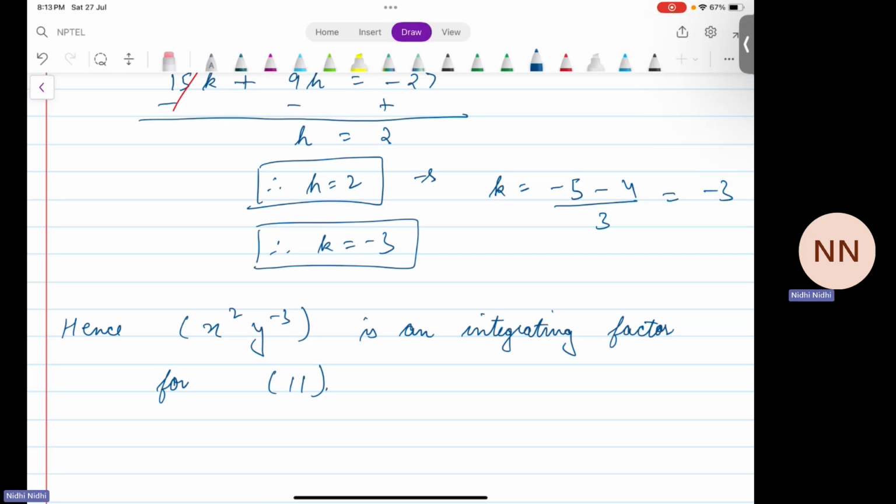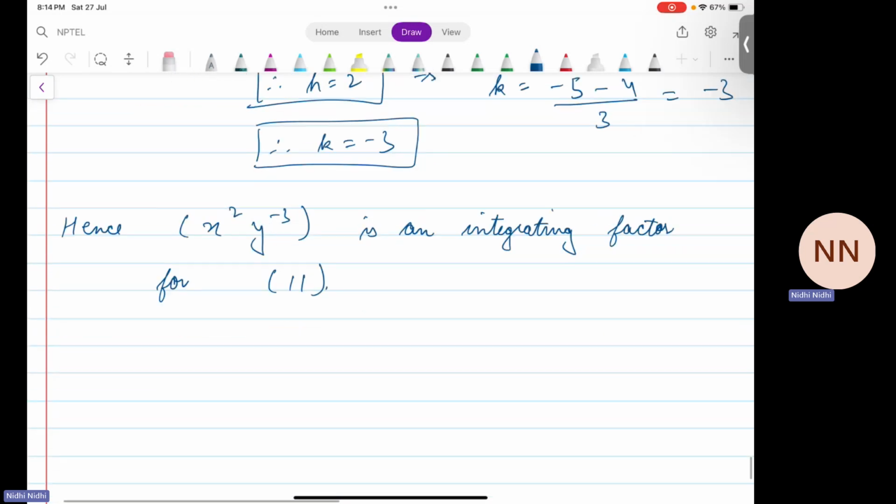So now, instead of solving equation second, we'll be solving it with specific values of h and k.